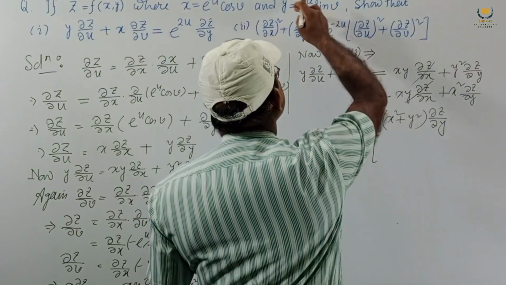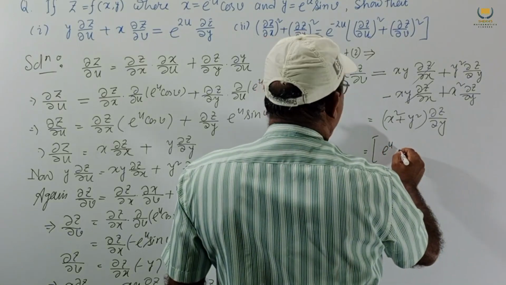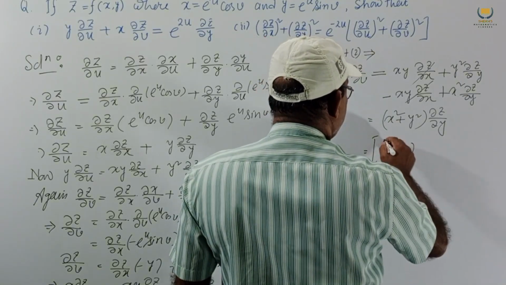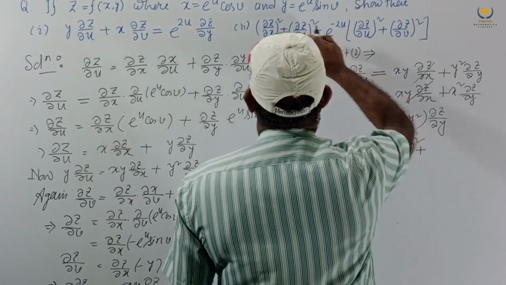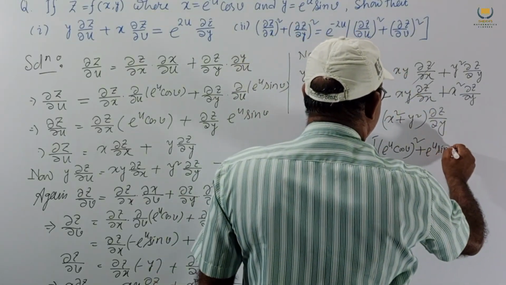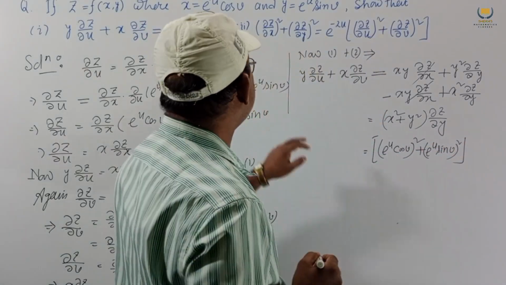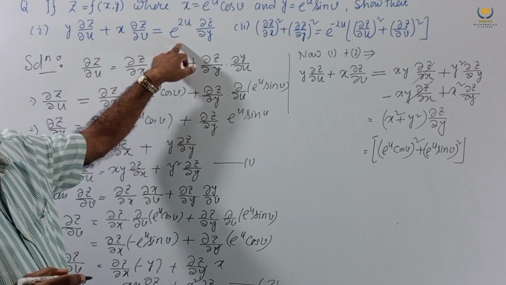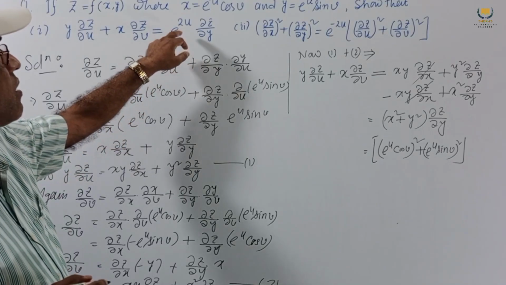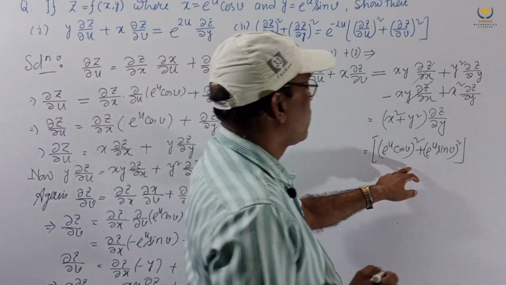The value of x is e to the power u cos v, and y is e to the power u sin v. Just putting these values of x and y, because in your answer x and y are removed. This term is free from x and y, so independent of x and y.